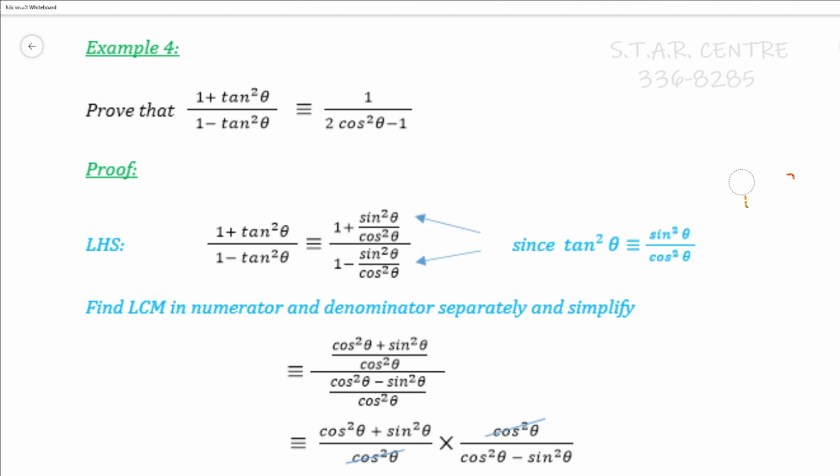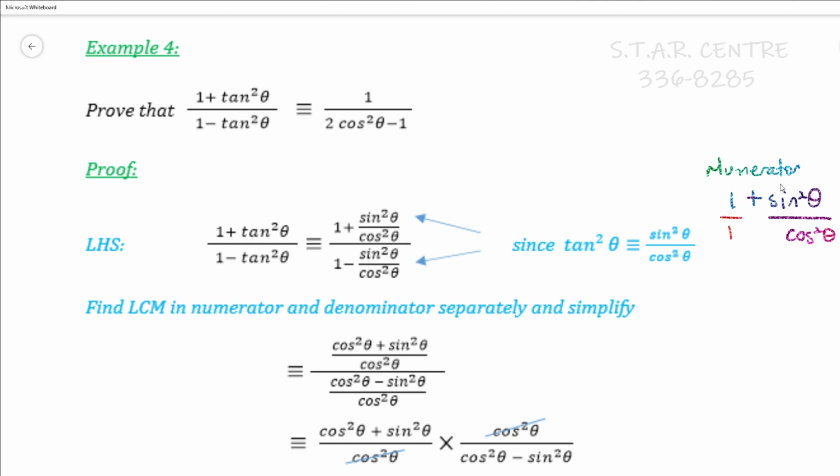So then I'm just looking at the numerator for now. So 1 plus sine squared theta over cos squared theta. Alright, so looking at our two fractions, this 1 can be written as 1 over 1.